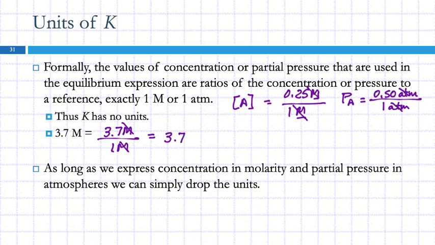So, provided we express concentration in molarity and partial pressure in atmospheres, we can simply drop the units. Instead of writing this divided by 1 in the unit and all of that mess, we're just going to understand that that happens, and we're going to drop the units.